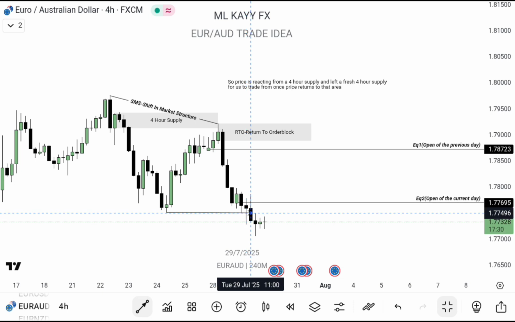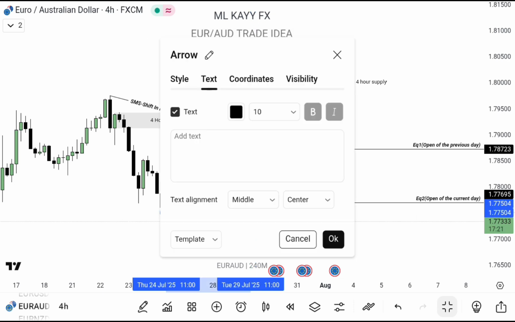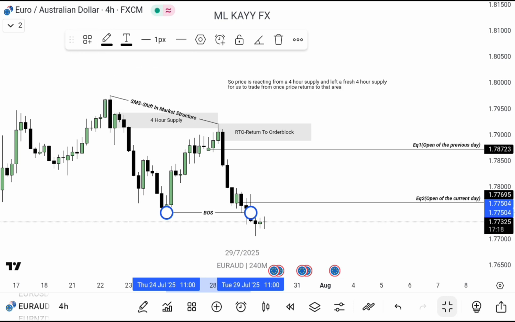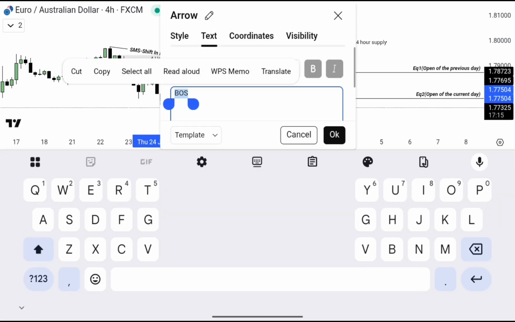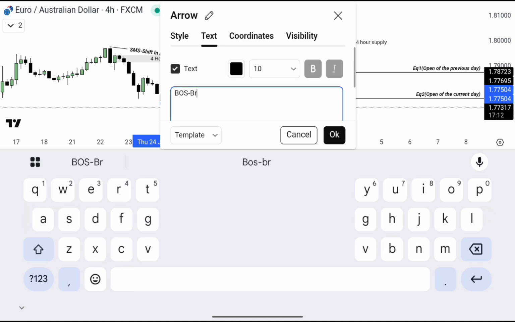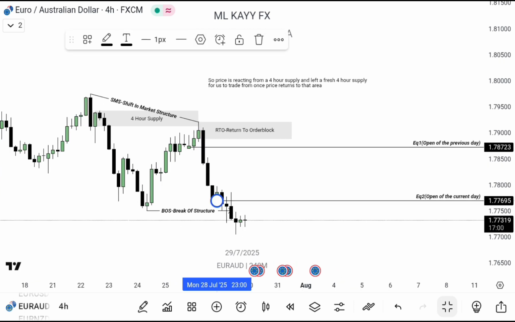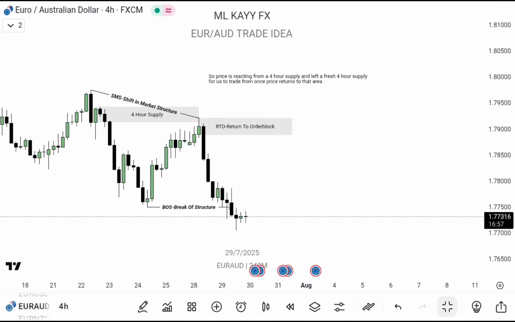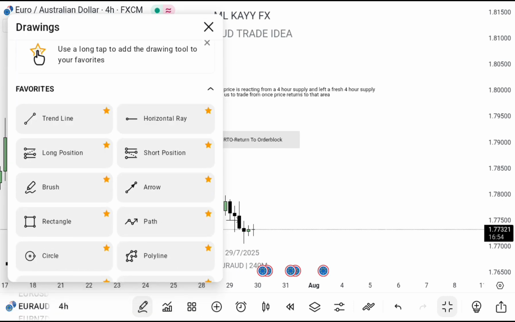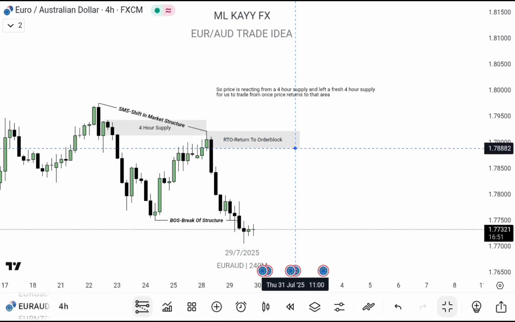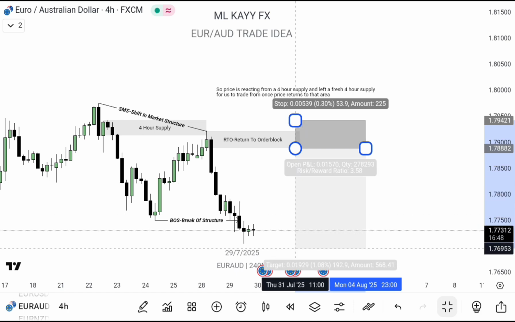There we go. Our break of structure. And there you have it.